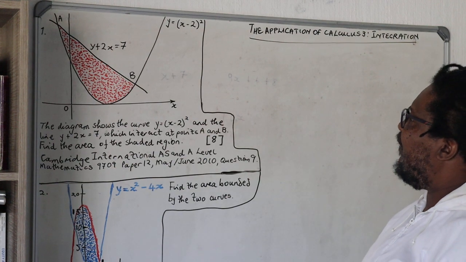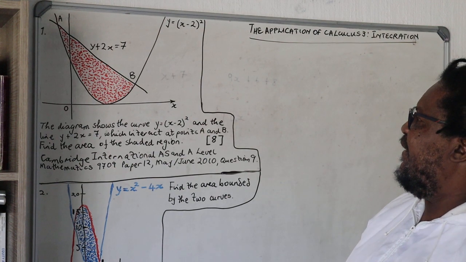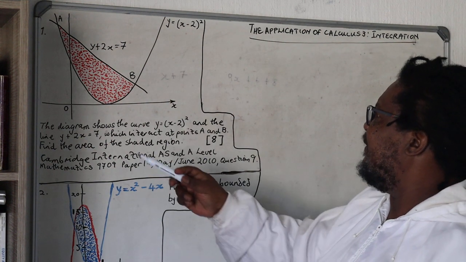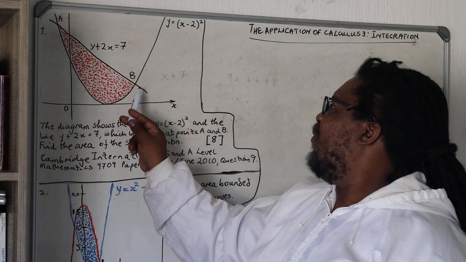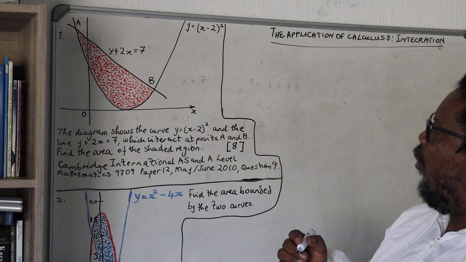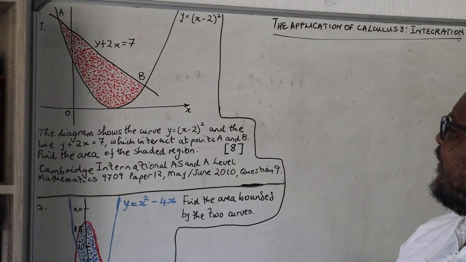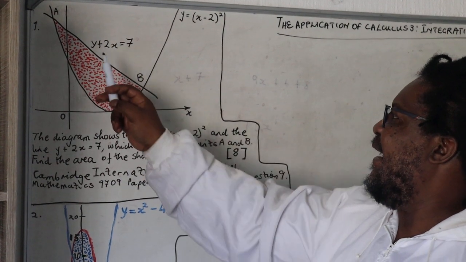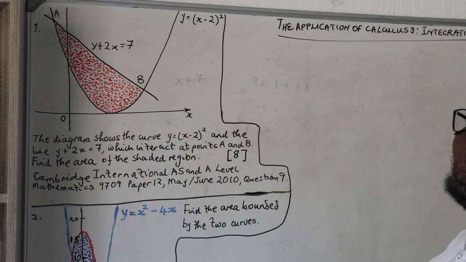So the first approach is to realize that the coordinates at the points where the curve and the line meet satisfy both the equation of the line and the equation of the curve.